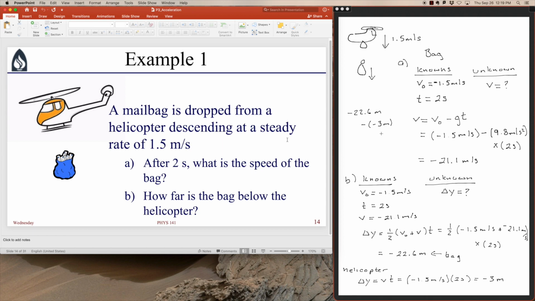So at the end of the time interval, I would get a difference of 19.6 meters between the bag and the helicopter. So I would say that the bag is 19.6 meters below the helicopter. And that would be my response to part B.